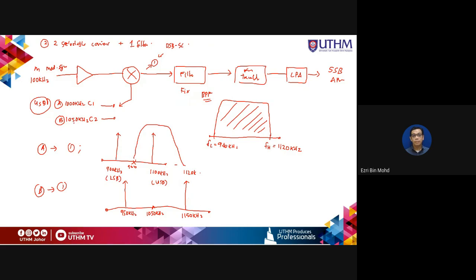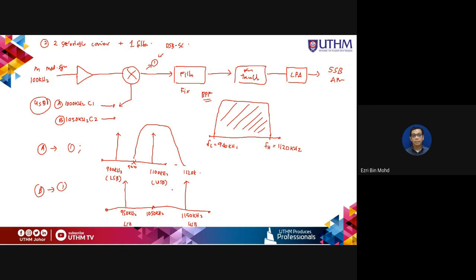Here we select carrier B, which has a frequency of 1050 kilohertz. So the upper sideband should be 1150 kilohertz: 1050 plus 100K. And the lower sideband is 1050 minus 100K, so we got 950 kilohertz.